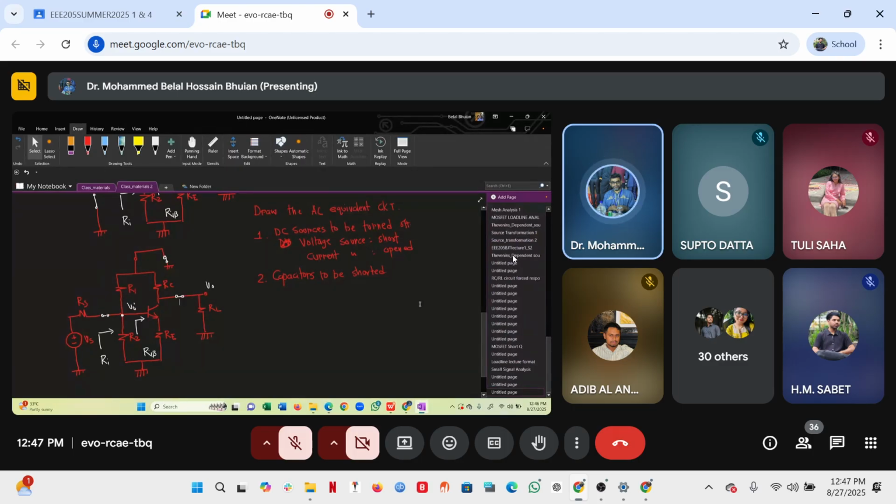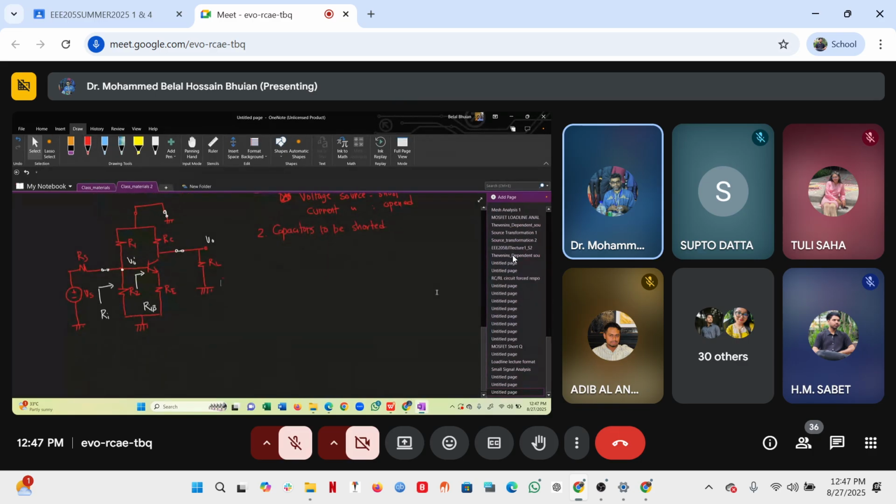Okay. Now you can simplify the circuit. Notice, let's say this is our base, that is our collector, and this is our emitter. This is our ground, that is our ground, that is our ground. Now let me draw it. First of all, that is our base.